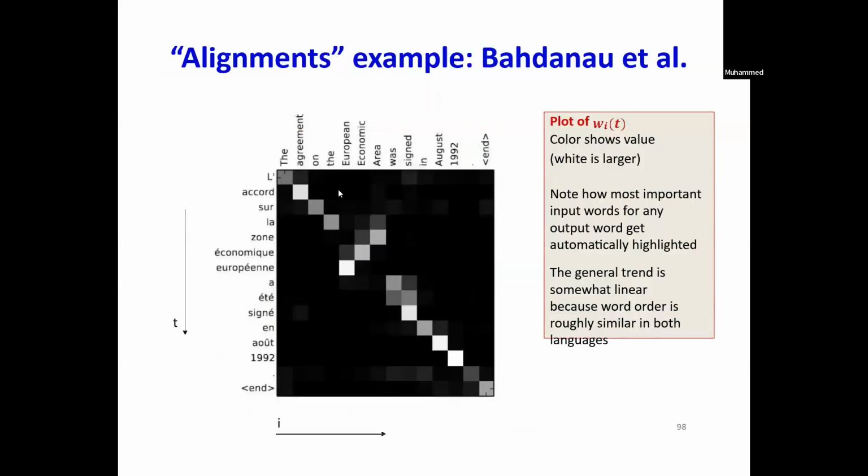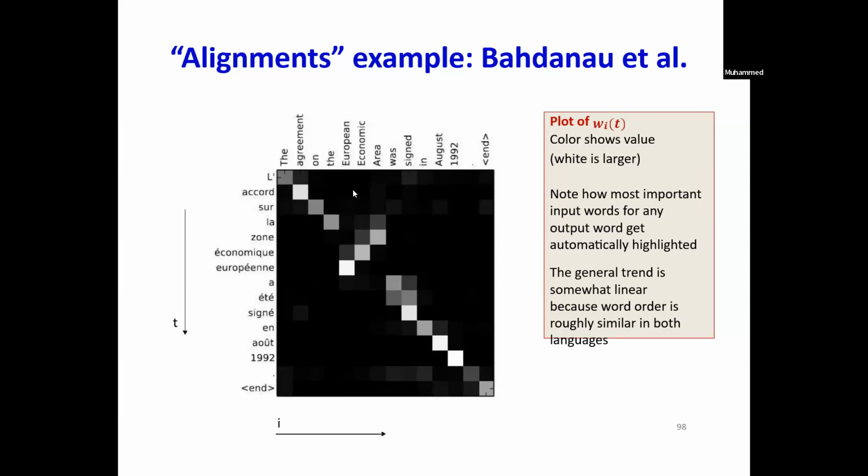So at the end of it all, as you can see here in this visualization of how the attention mechanism works, the bright colors are showing more importance. For the two sentences here, you can see the model is able to highlight the most important positions in the input at the generation of an output, which looks pretty cool.